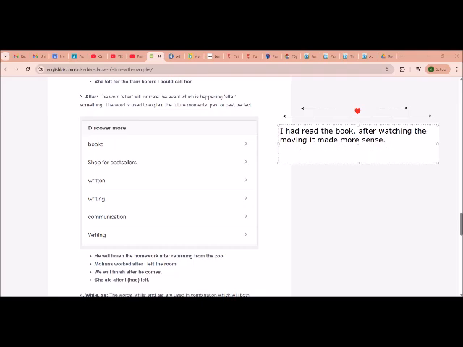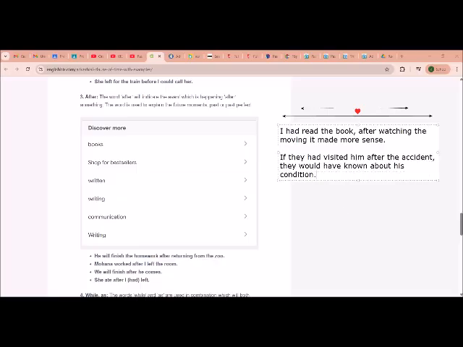And we can use it in third conditional as well. If they had visited him after the accident, they would have known about his condition, right?